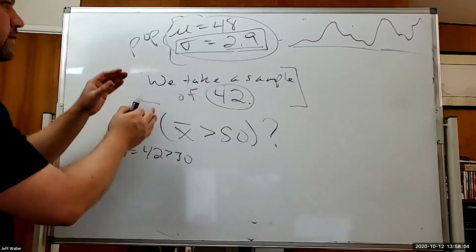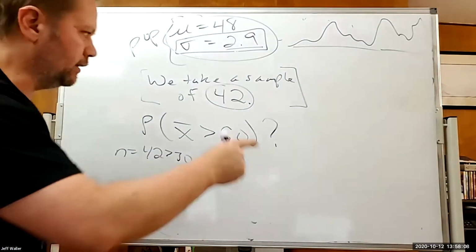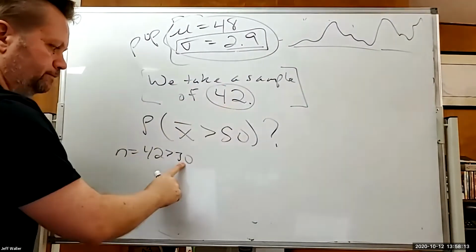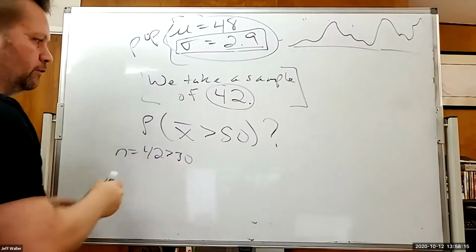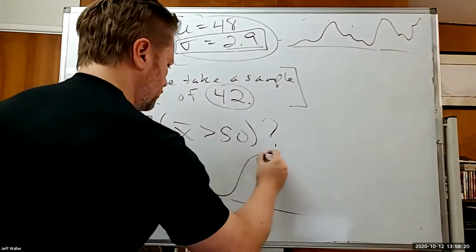If it doesn't say it's normally distributed, I cannot use that chart unless they say we take a sample and it's bigger than 30. So the sample size is bigger than 30. So I can draw this now. I know it's normally distributed.